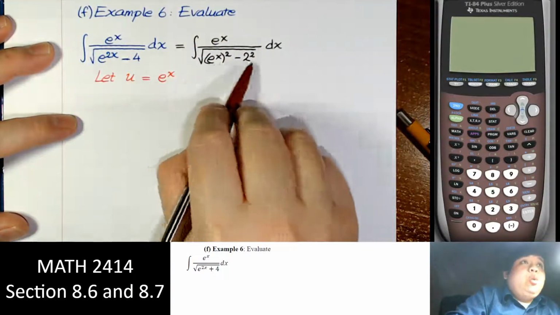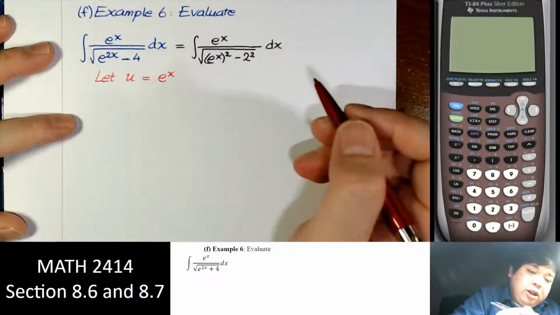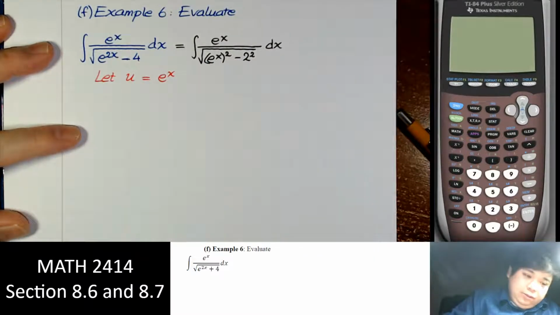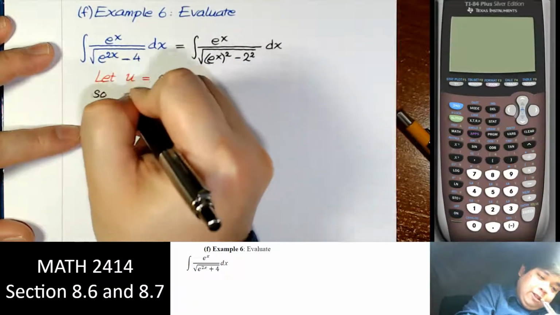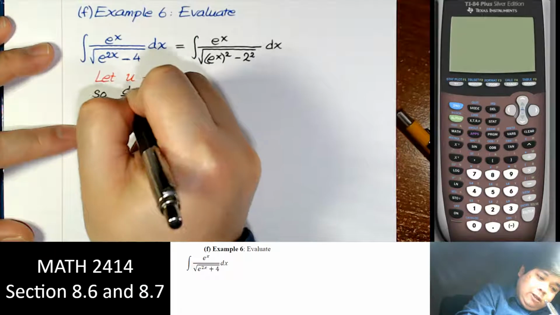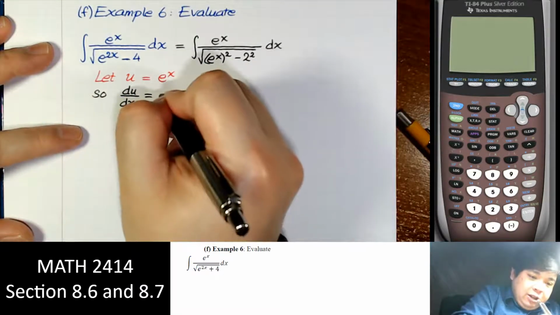So we will have u square minus 2 square. Right, that is u. So the derivative is going to be the same thing.